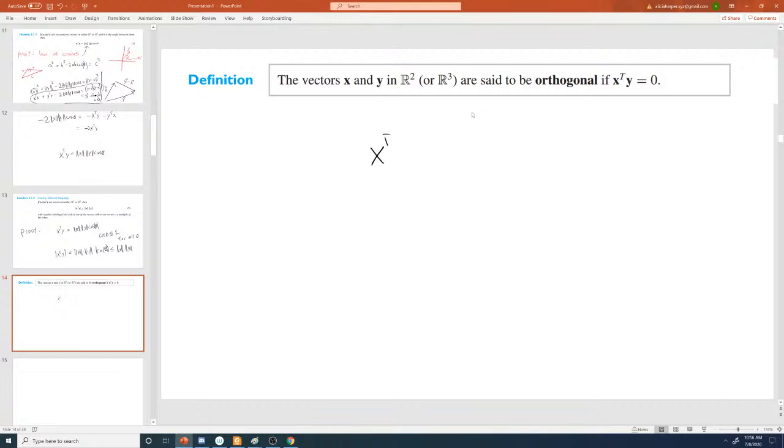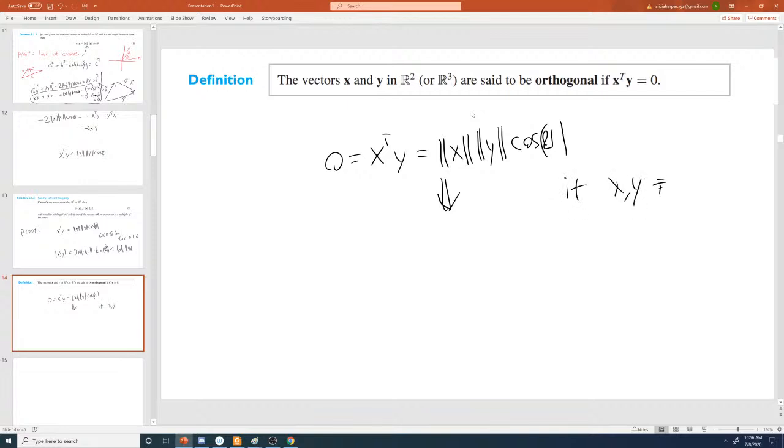If the scalar product of x and y is equal to 0, then this quantity has to be equal to 0, which implies, if x and y are not 0 themselves, that cosine of theta is equal to 0, which implies that theta is either pi over 2 or 3 pi over 2.